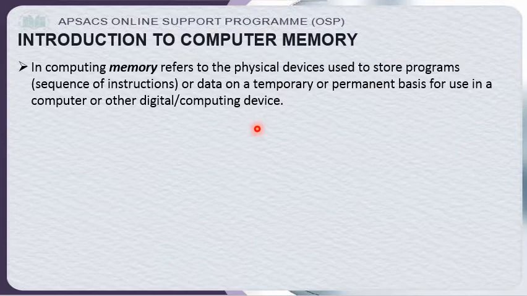So it means that this memory is not only inside a computer, it is available inside most digital computing devices, because while you are using a computing device, the data will be stored somewhere, temporarily or permanently. So when we talk about memory, both temporary and permanent are included.